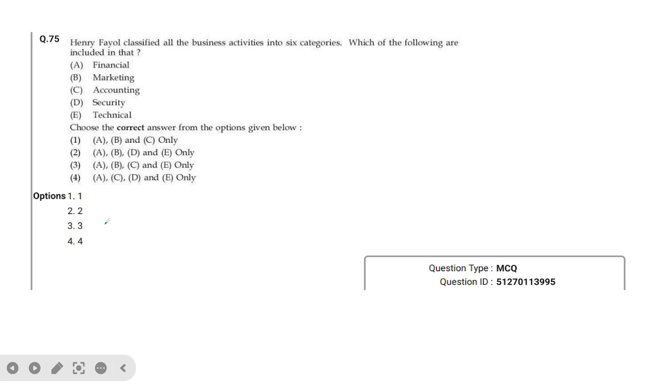So the answer is A, C, D, and E. That is option number 4. Because marketing is not the business activities given by Henry Fayol. इसकी जगह क्या आना चाहिए? कौन कौन सी एक्टिविटीज होती हैं? फाइनेंशियल होती है, टेक्निकल, कमर्शियल, सिक्योरिटी, अकाउंटिंग एंड मैनेजरियल होती है. ठीक है, कौन कौन सी होती है याद रख लीजिएगा: टेक्निकल, कमर्शियल, फाइनेंशियल, सिक्योरिटी, अकाउंटिंग, मैनेजरियल.